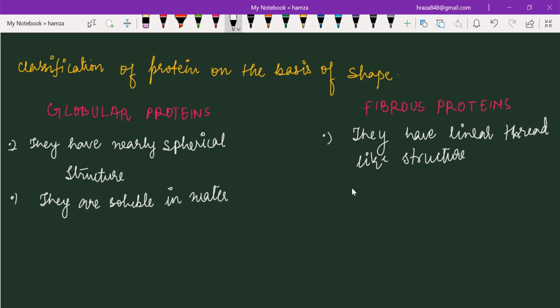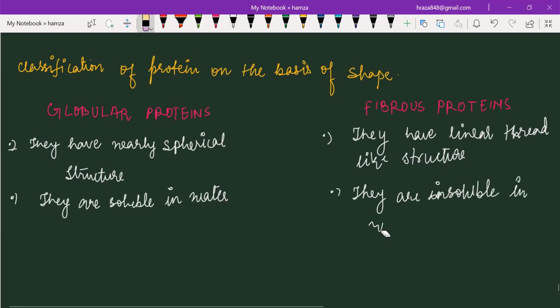They are insoluble in water. Next point we can write, they have alpha helix structure. They have alpha helix structure.